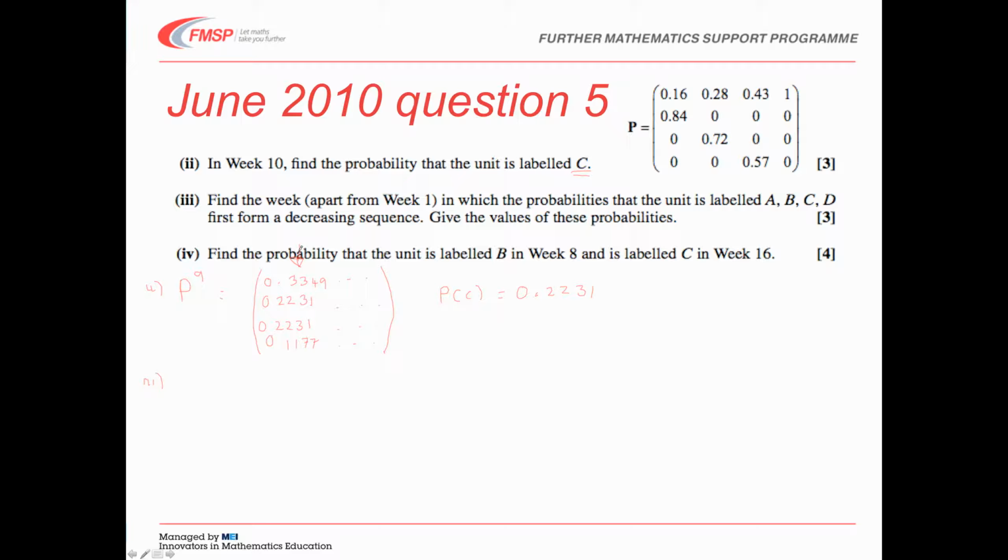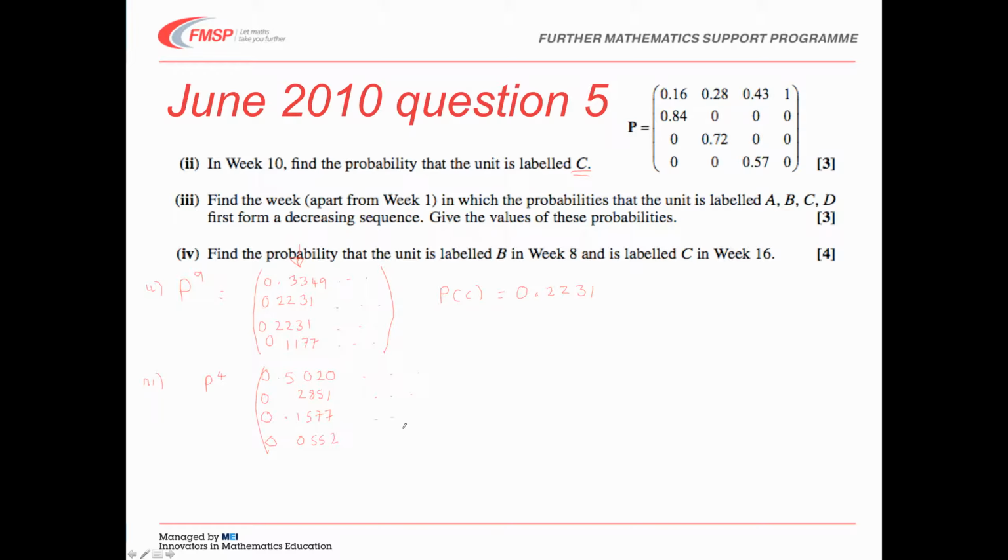So you're going to have to keep on calculating, and what you find is that when you do p to the power 4, the first column of p to the power 4 is 0.5020, 0.2851, 0.1577 and 0.0552, and then all the other bits.